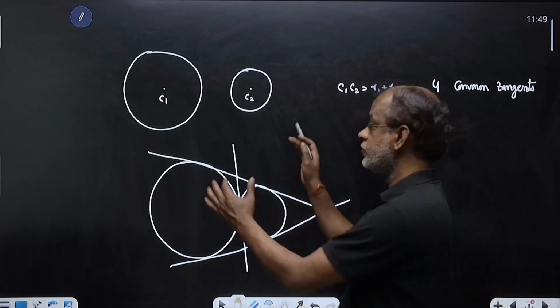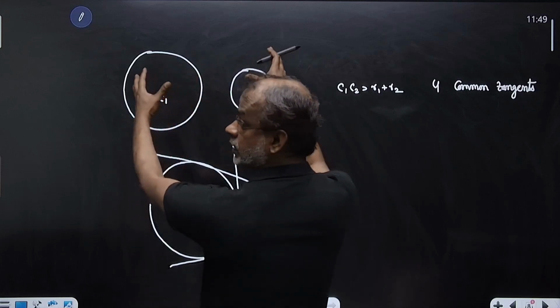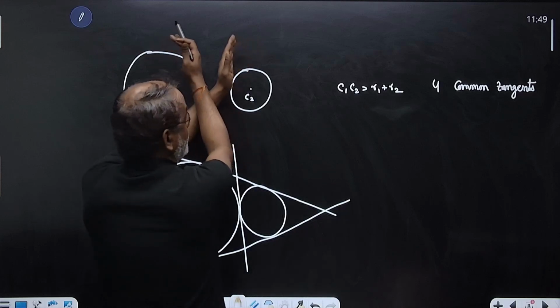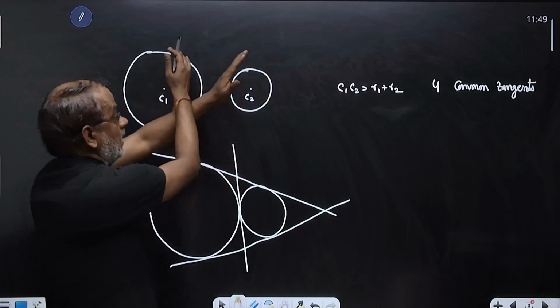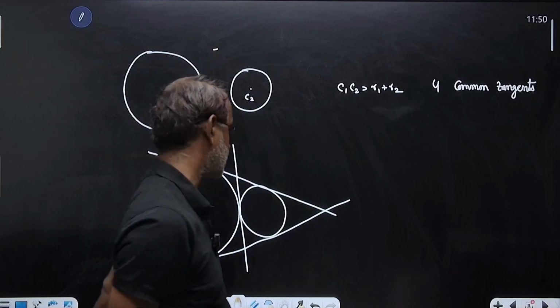If you see these two tangents, as the two circles move towards each other, these two tangents keep getting rotated and finally they coincide to become one tangent.